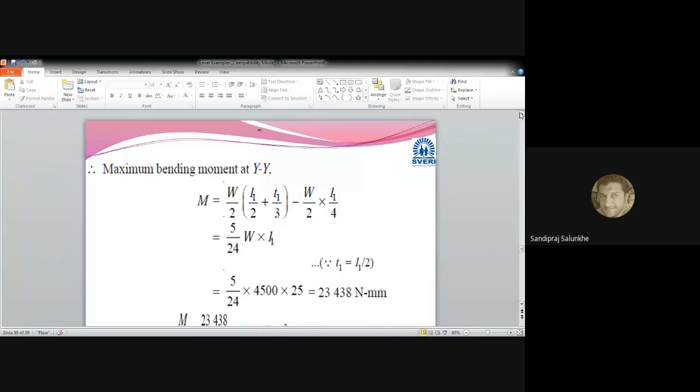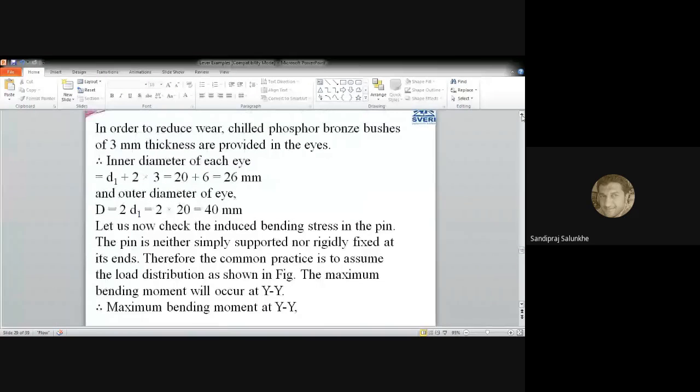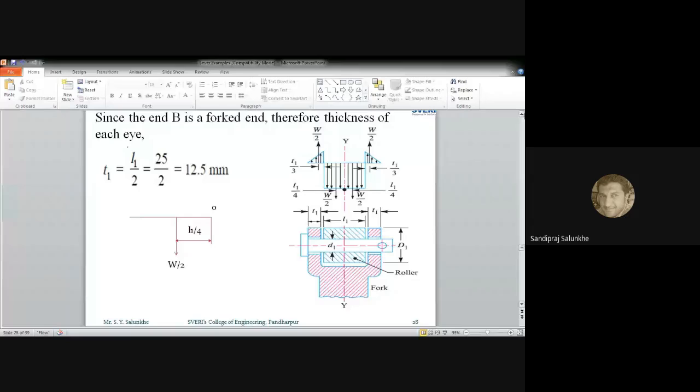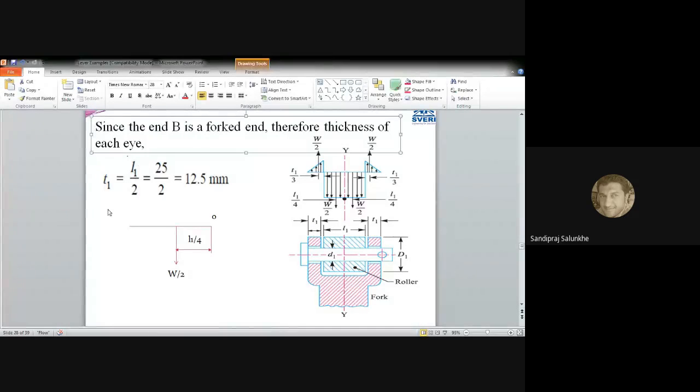Now we are going to take the bending into account. Since the B end is a fork end, the thickness of each eye, we have calculated that thickness of that fork end as T1, and that is equal to L by 2, that is length by 2.